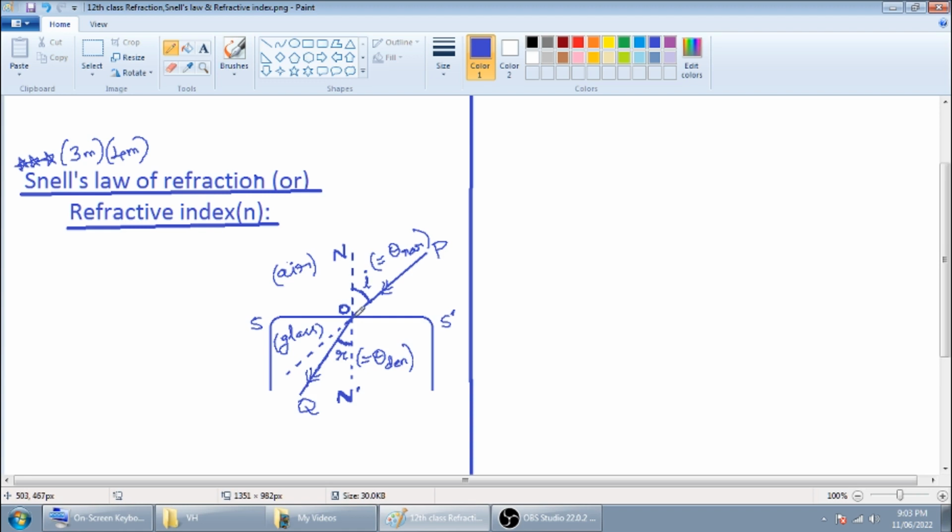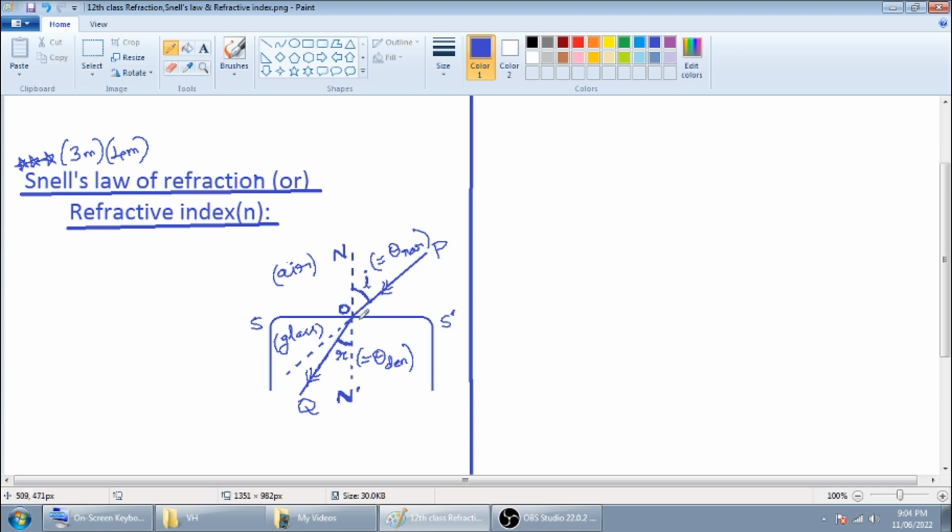After light bends at the point of separation of the two media and takes a different direction, throughout the glass medium it takes a single direction till it has to pass through some other medium. As long as it is present in the same uniform glass medium, it will again take a straight line direction. So bending occurs only at the point of separation of the two media, only because the medium is changing along the path of the light ray. Wherever the medium is changing, at the point O only.